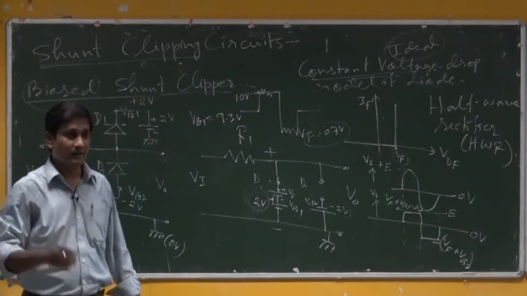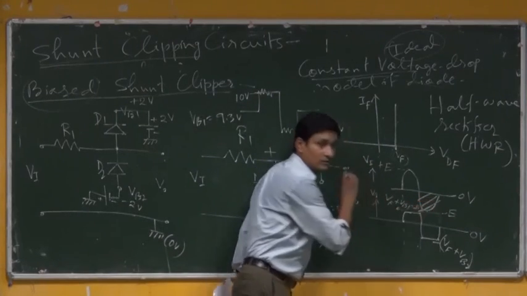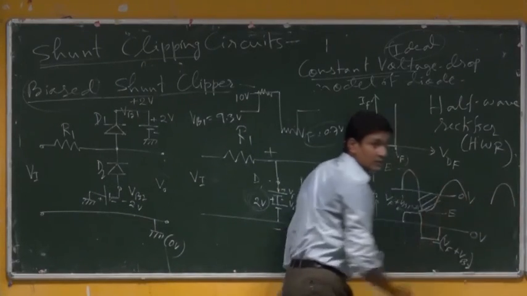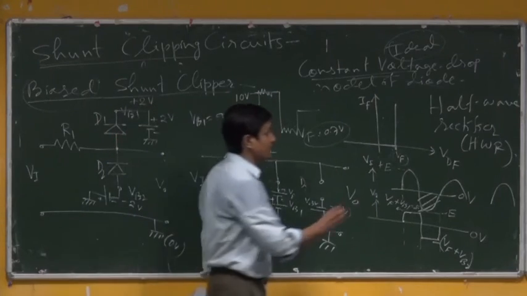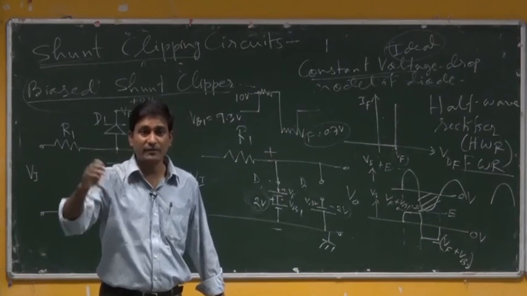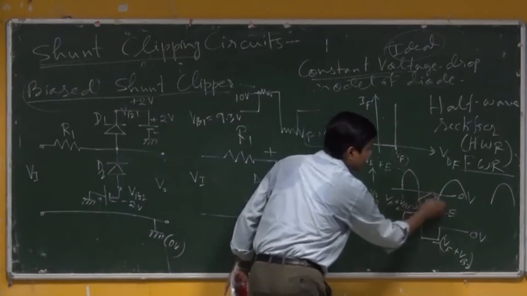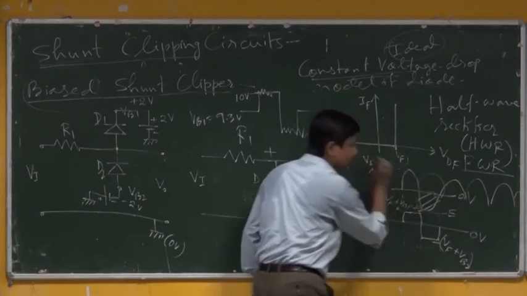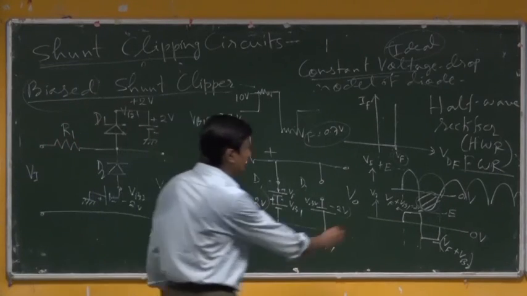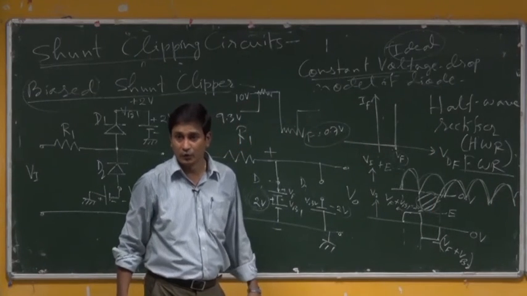Many of you have already come across this discussion where we wanted to clip off one cycle, or half of the cycle, and allowed the remaining cycle which was coming this way. And for the full wave rectifier, where we wanted the full wave portion, along with one arrangement for the half wave rectifier, I will just enhance the circuitry so that the negative part of the wave shape also comes into the picture and lies along with this one. So, our full wave rectifier is there with us. Now, if the full wave rectifier output is available with me like this, it is supposed to be a DC value.